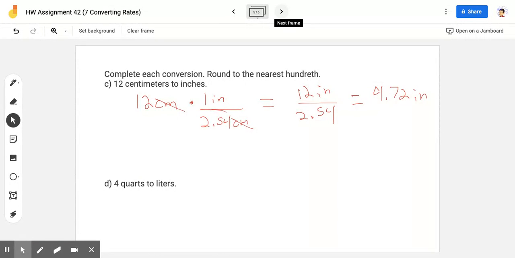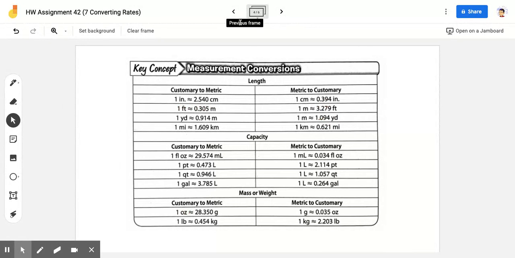Same deal with the quarts to liters. So I'm going to write that out. So 4 quarts times, all right, let's see how many liters are in a quart. If I go back and I take a look, let's see, quarts to liters. I see that 1 quart is approximately equal to 0.946 liters.